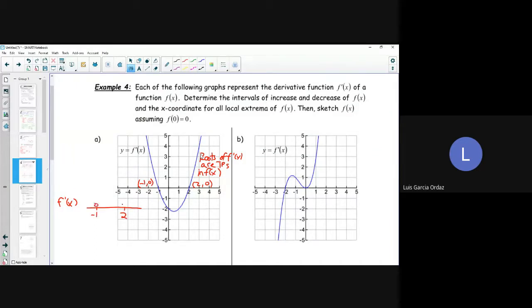And based off of my graph, I know that my derivative function is below 0 between negative 1 and 2, and it is above 0 before negative 1 and after 2.